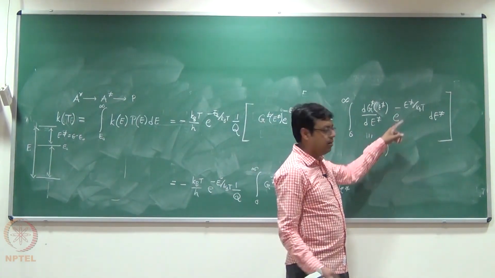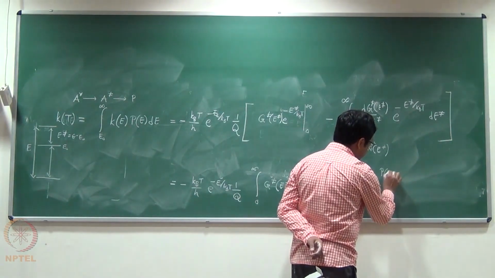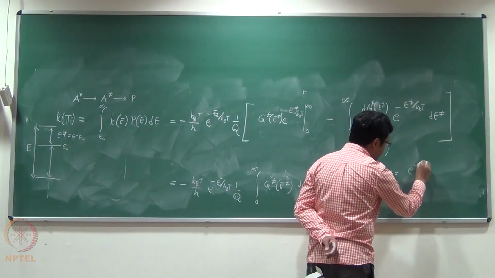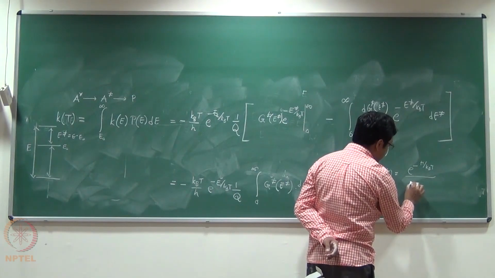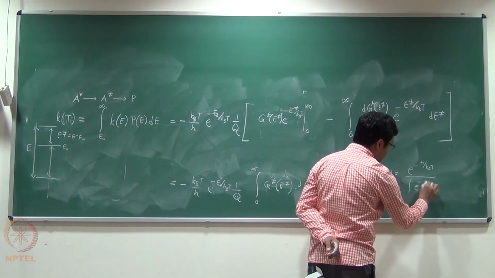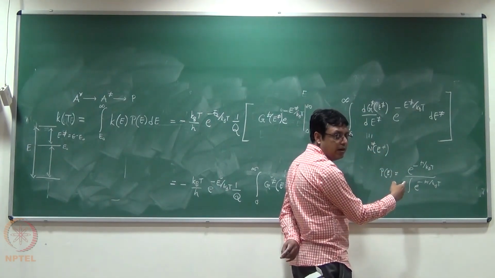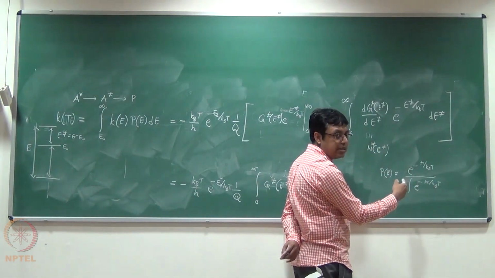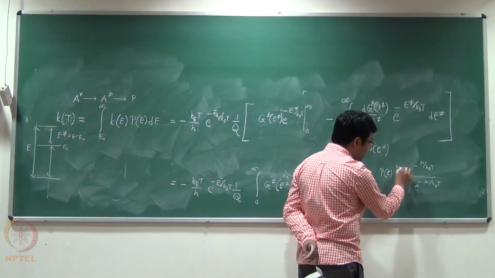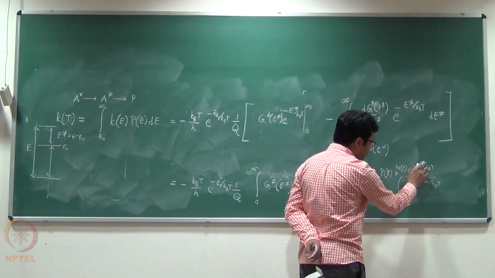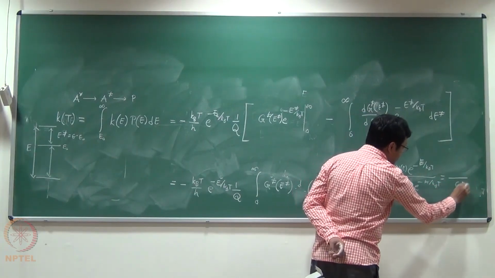You know that the probability is always something like e to the power minus E by kBT, and that is if I do not sum over the states. If I sum over the levels, then I write the number of states also. But this is nothing but this thing, which is the Q thing.